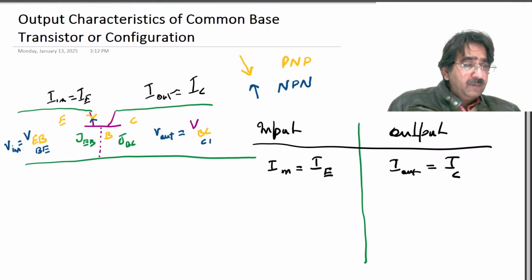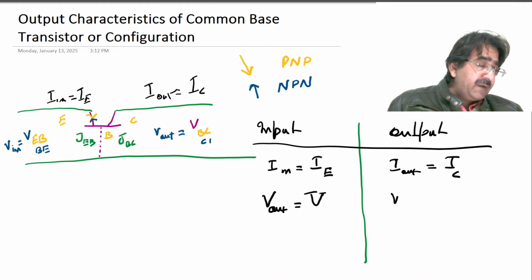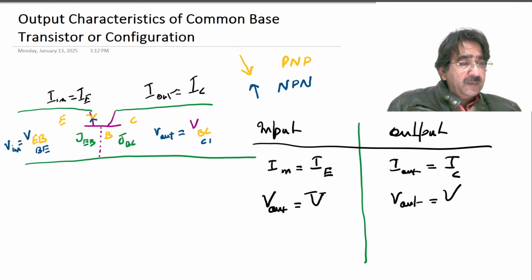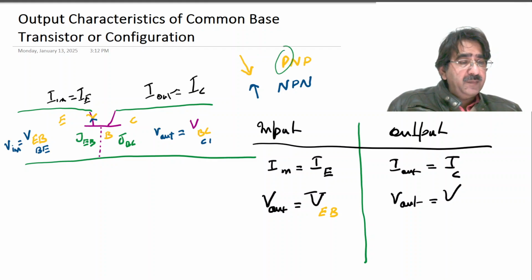But for voltage, for PNP the emitter voltage will be high compared to the base for forward bias, because the P side is connected with the positive and the base with the negative.